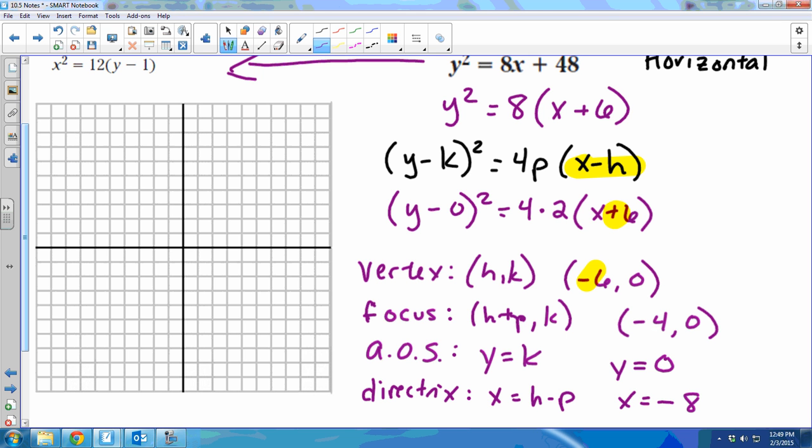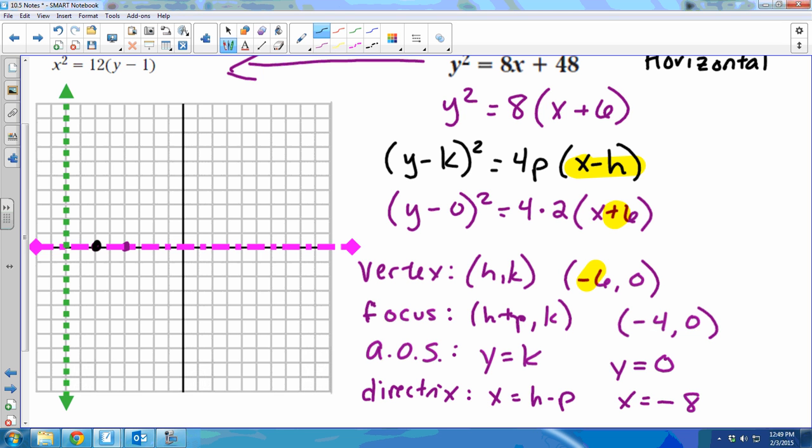All right, so we're going to graph those things. -6, 0 is right there, I think, if I can count. -4, 0 is right here. The axis of symmetry is at y equals 0. And the directrix is at x equals -8, which is right here.